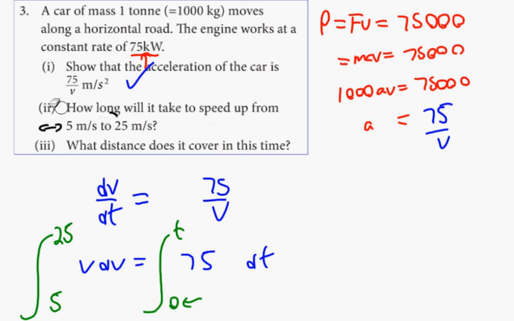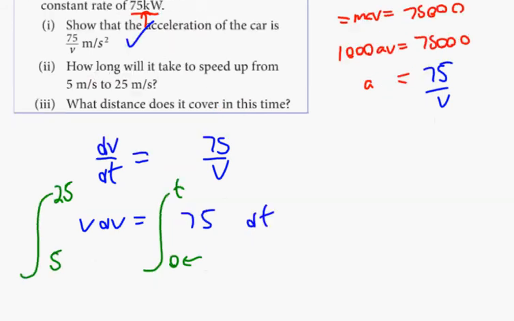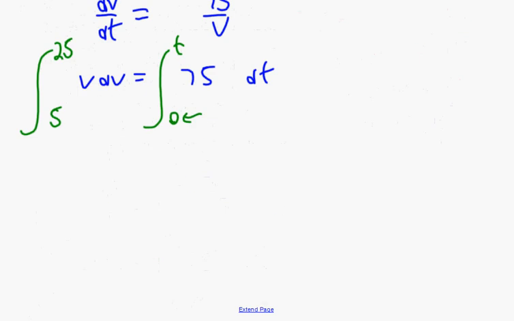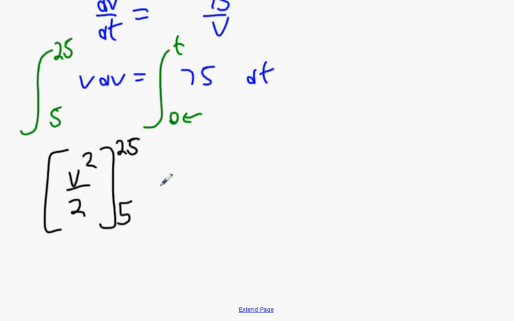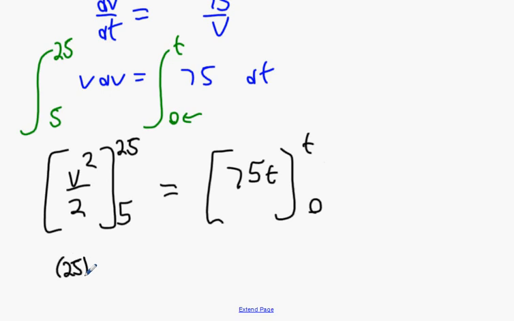So, what's going to happen now, guys, is we're just going to integrate. V squared over 2, that's 25 over 5. That's 75, so it's 75t from t to 0. 25 squared over 2 minus 5 squared over 2 equals 75t.